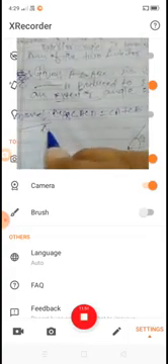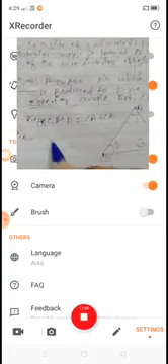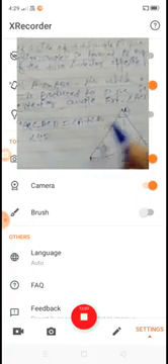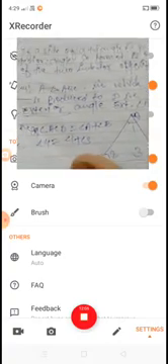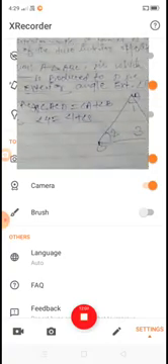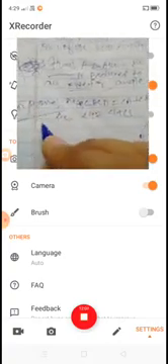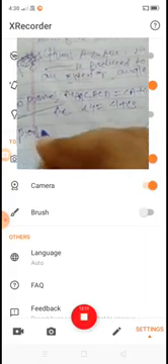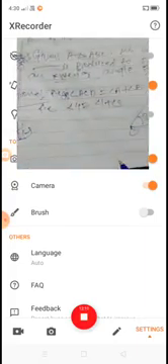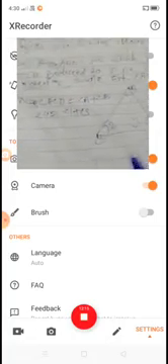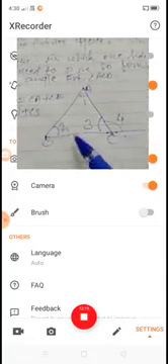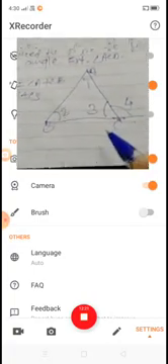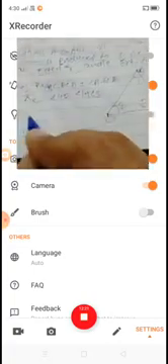That is, we have to show that angle 4 is equal to angle 1 plus angle 3. Okay, now we write the proof. First of all, in triangle ABC we use the angle sum property of the triangle.